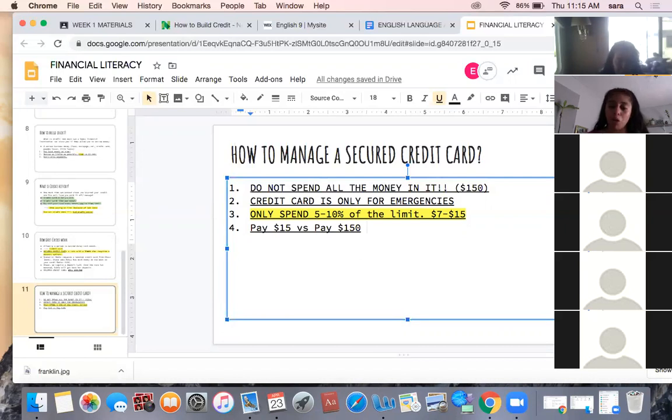Remember, you are broke. $150 when you're broke is a lot of money, okay? Because at the end of the month, when your cycle is over, you need to pay off all your debt.